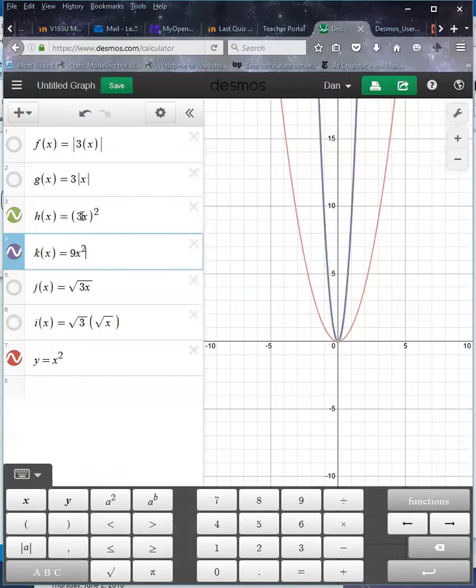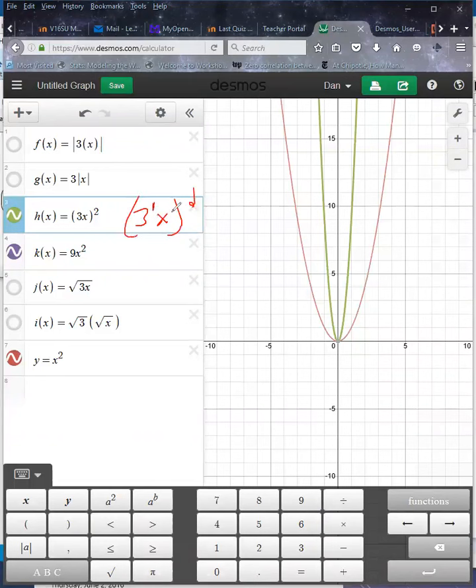And if I square 3, because I can think of this as 3 times x, and it's being squared.